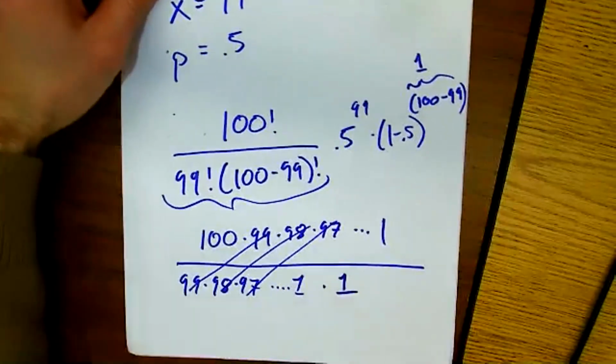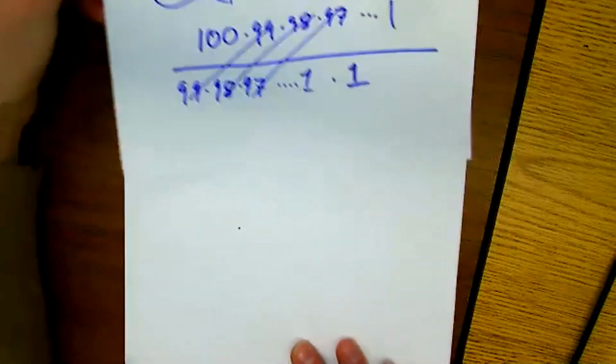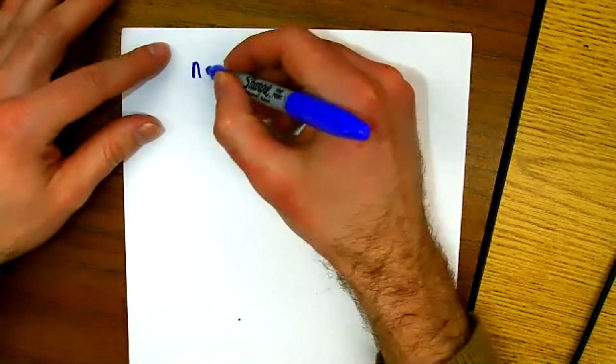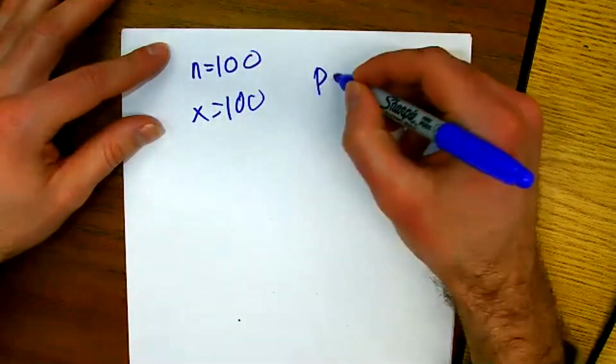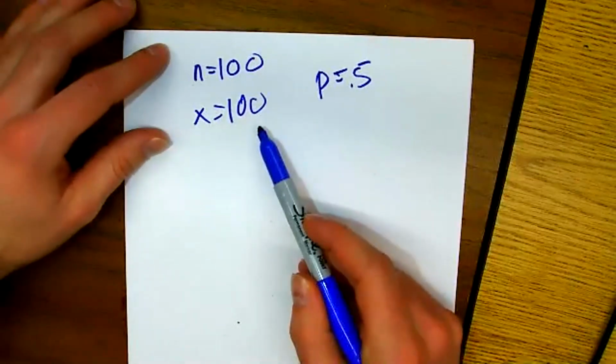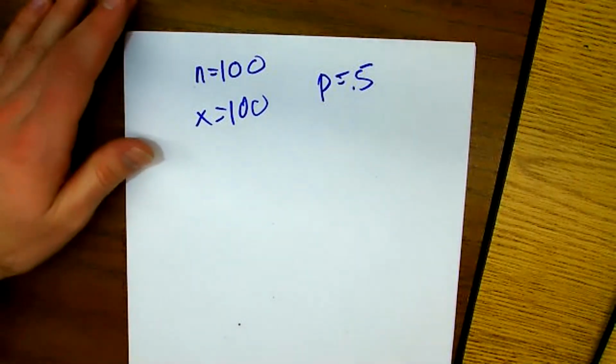The other thing I want to point out before we get out of here today is, let's say I had an example, and let's say I wanted to know what's the probability that all 100 of those 100 coin flips are tails or heads, whatever, right?